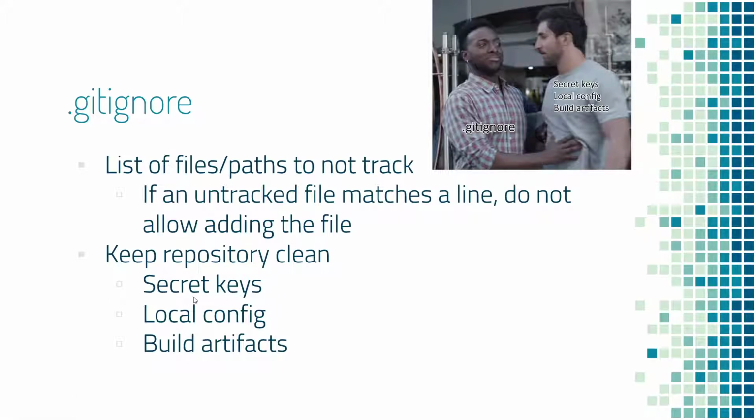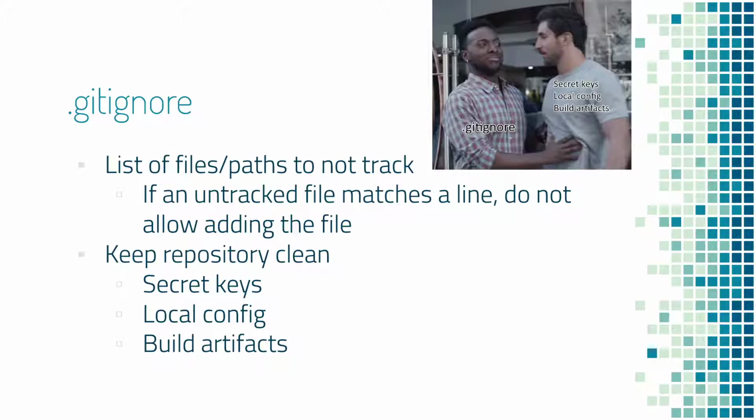Maybe the biggest thing that gitignore helps with is secret keys. I don't think it's that useful for game development, specifically the secret keys part, but if you're doing something like web development, usually the web server will store some sort of secret key or encryption key in a file that it can reference.